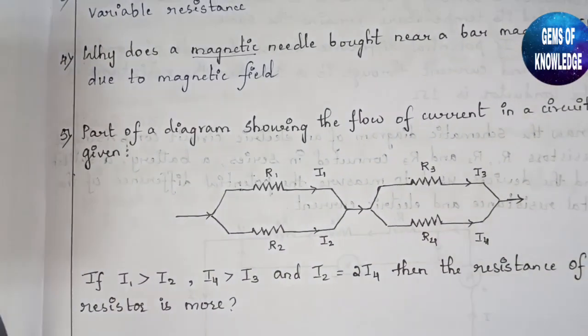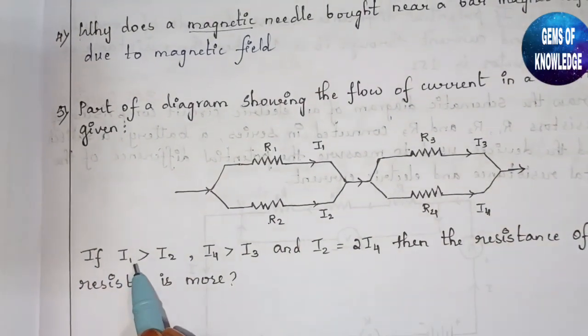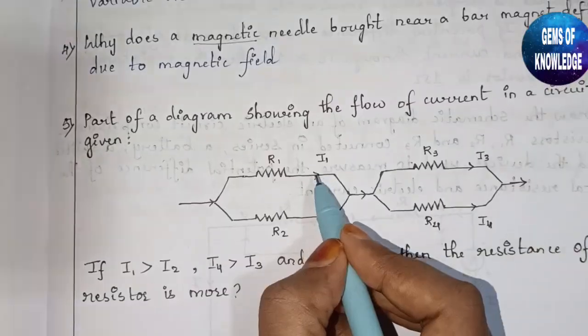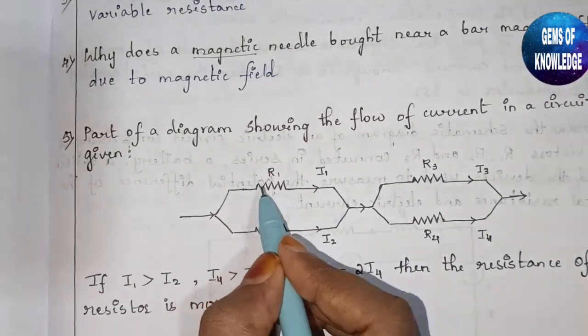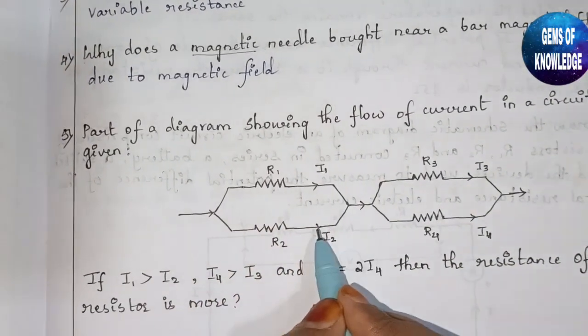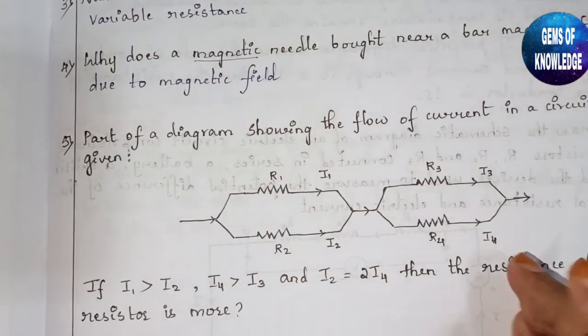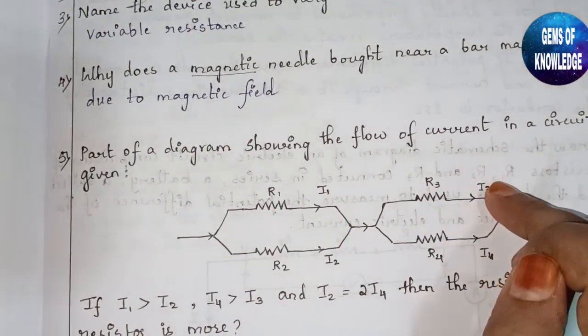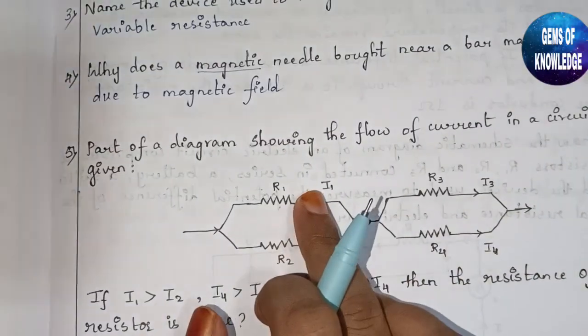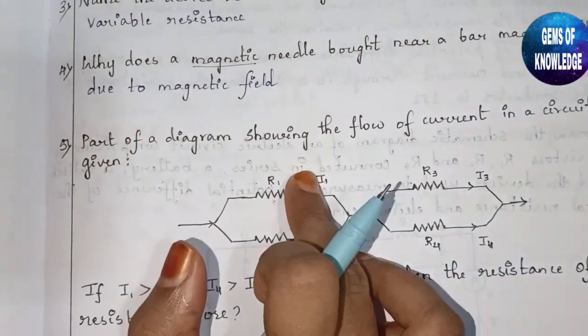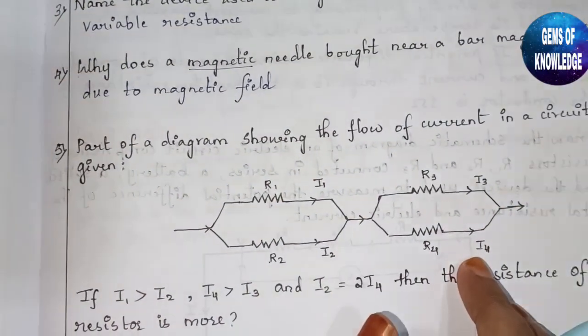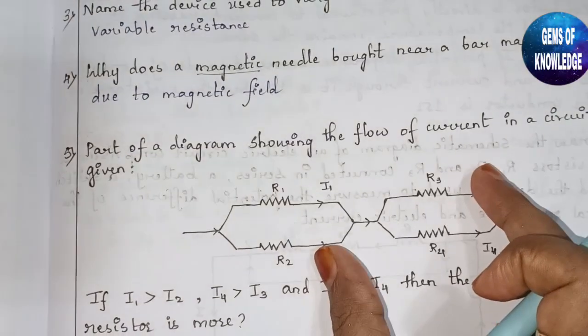Now the condition is I1 is greater than I2, so here more current is passed than this. And I4 is greater than I3. Now I1 is greater in this part, and in this part I4 is greater, which means these two are smaller.